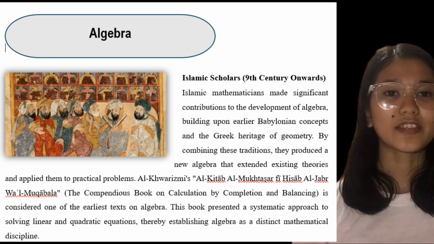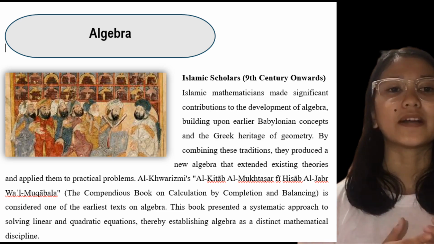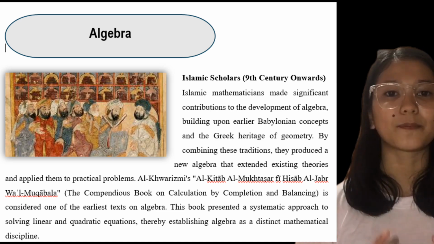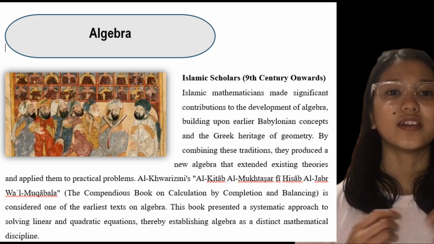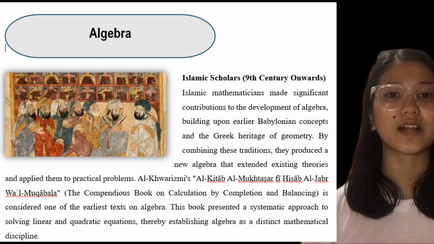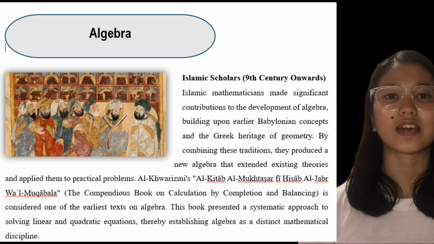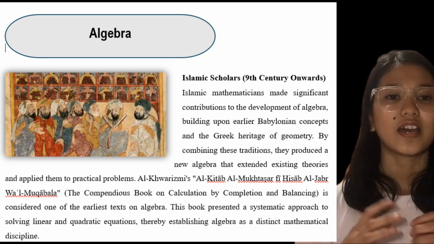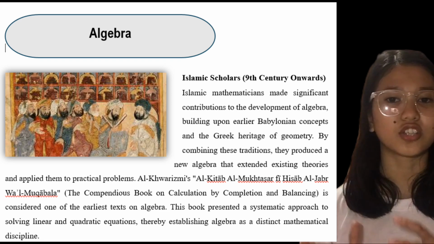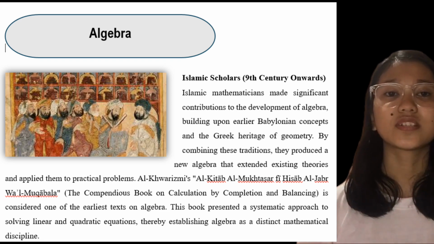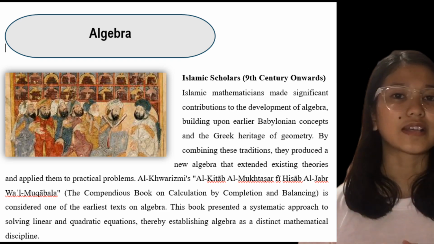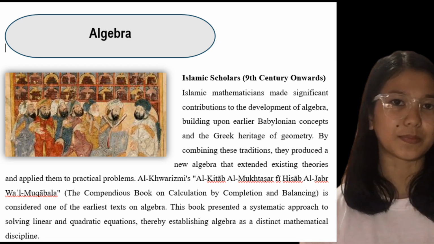And in Islamic mathematics, when algebra combines the Babylonian concept and the Greek heritage of geometry, it creates a comprehensive and versatile mathematical framework, like the Babylonians' numerical technique and problem-solving methods, and Greek's logic and abstract geometrical thinking, which established algebra as a distinct mathematical discipline.